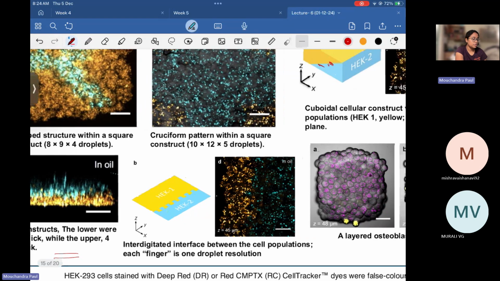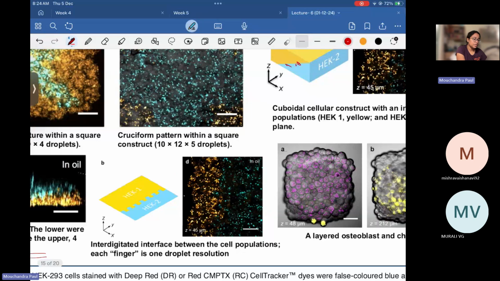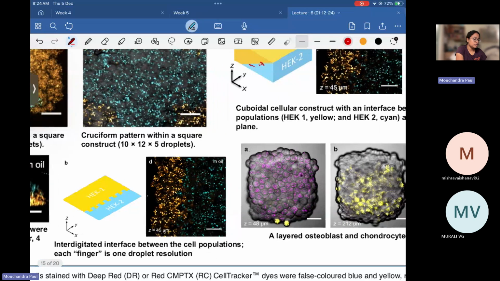Then some structures with interdigitated interface, meaning finger-like interface, they have made, and each finger is like one droplet resolution. So this is the image that they obtained at Z equals 45 micron section. So this is the interface. It's not a straight line, rather something like this.